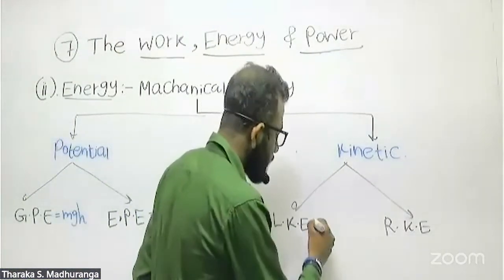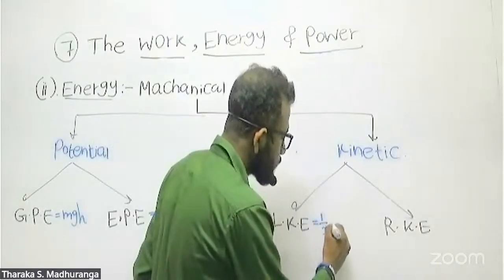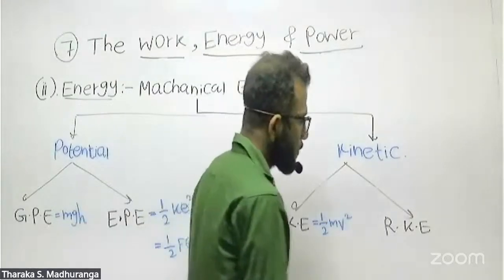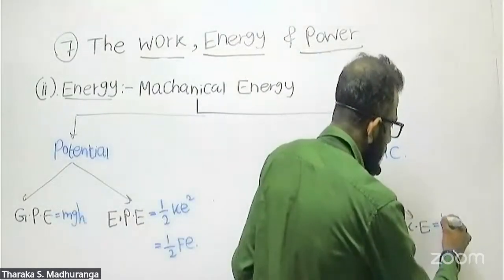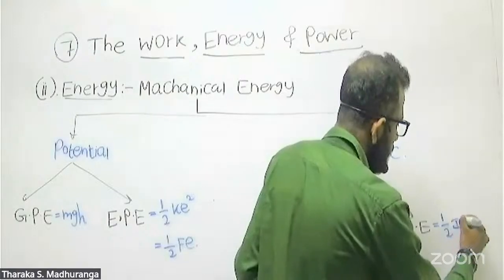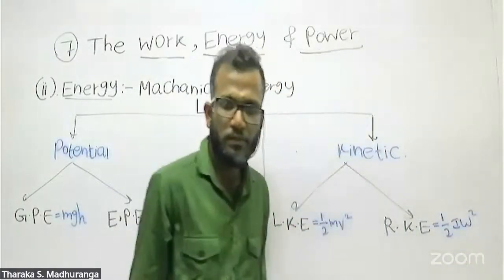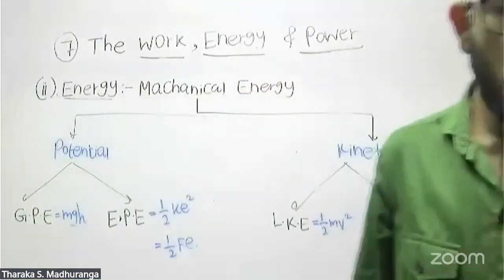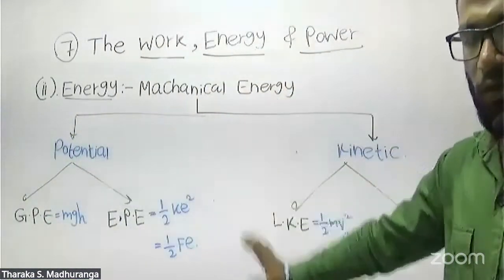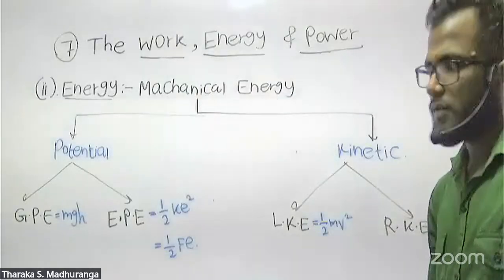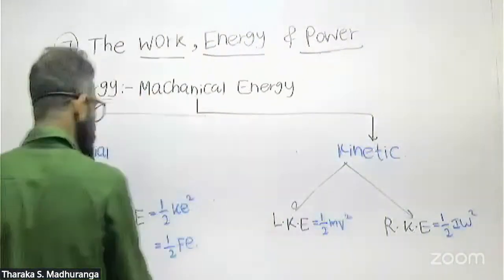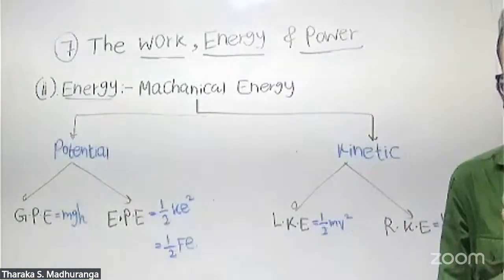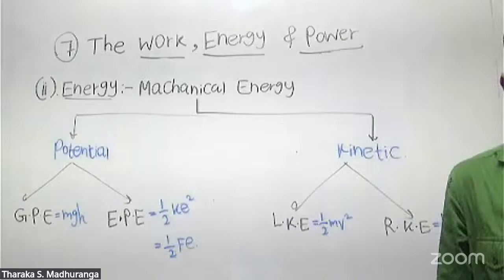Linear kinetic energy, half mv squared. The rotational kinetic energy, half I omega squared. Okay, that's today's lesson. If you want, you can draw this summary as well, but that's not required. Every equation is given in the note.